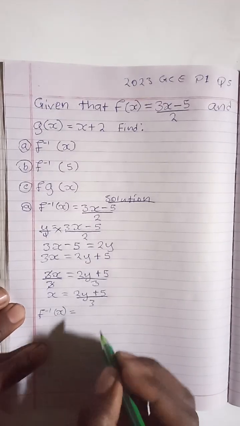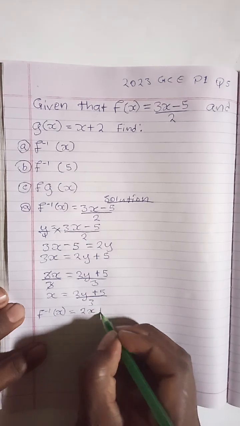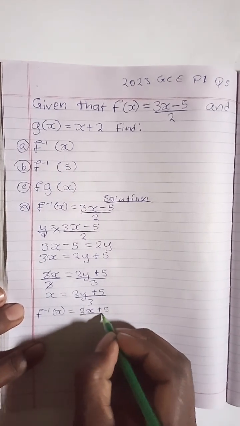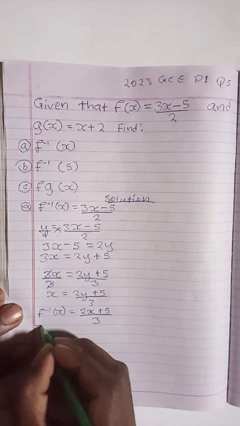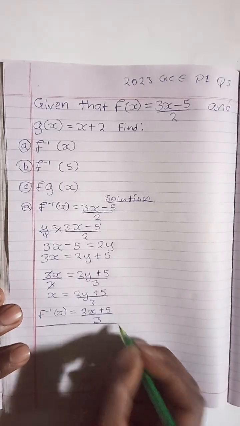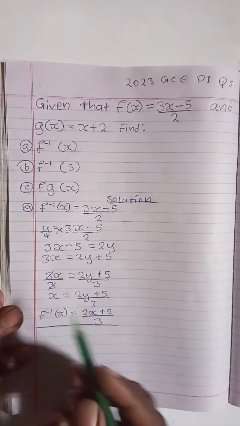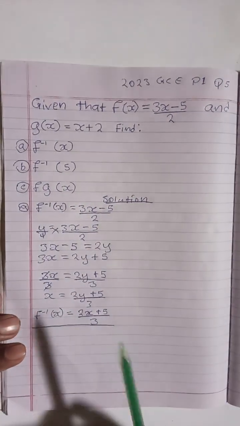So we're going to say equals (2x plus 5) over 3. So this is our final answer. This is the inverse function for this function.